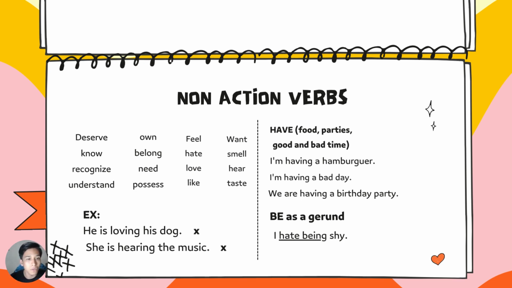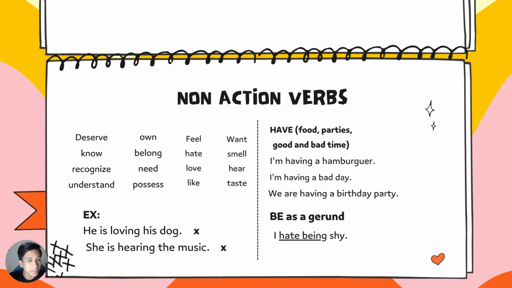Here I wrote some of the verbs that mostly express a thought or an emotion. So it is impossible to add the ing. We cannot say he is deserving, he is knowing, she is recognizing, he is loving his dog.